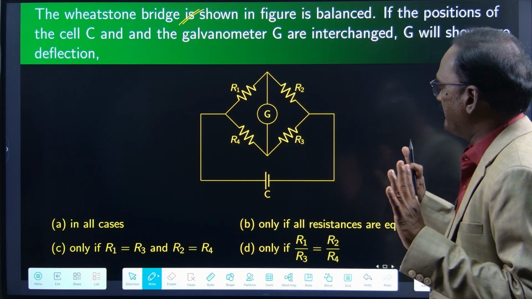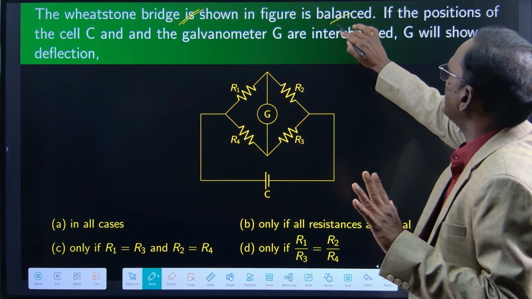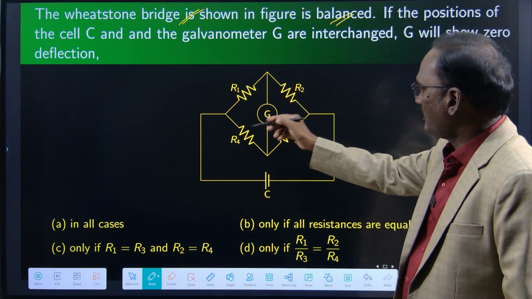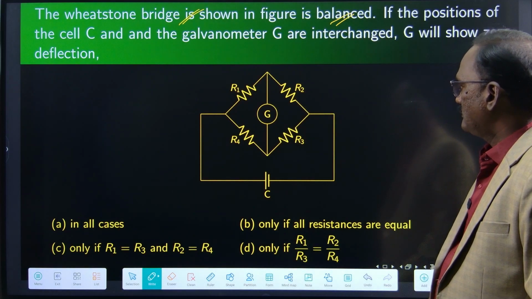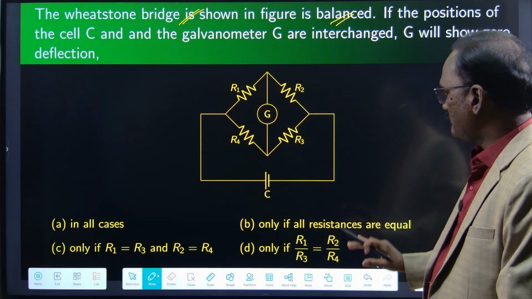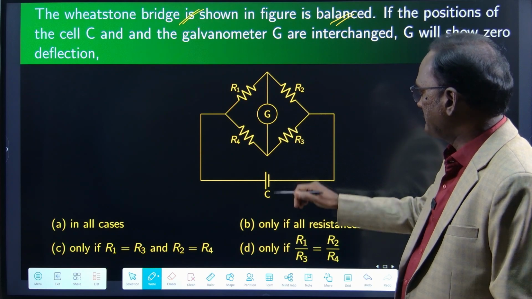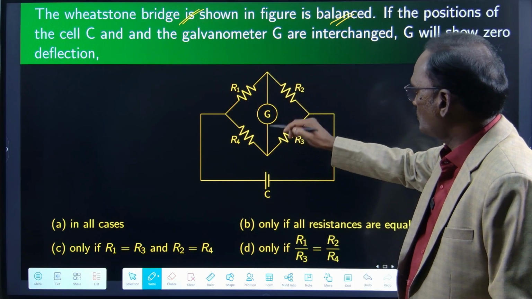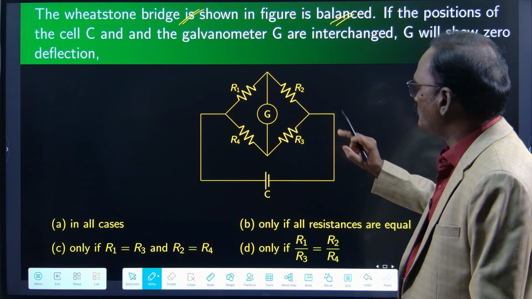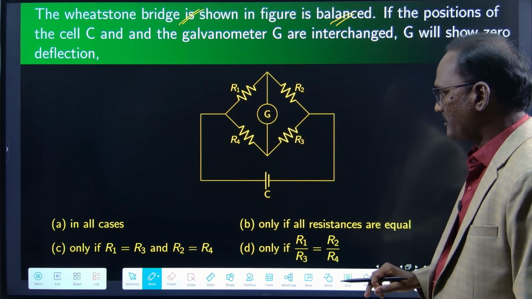So this is a Wheatstone bridge, a balanced one. Already it is balanced. That means R1 by R4 is equal to R2 by R3, so it is not showing any deflection. Now we are interchanging C and G. Between these 2 points we are connecting the battery, between these 2 points we are connecting the galvanometer.